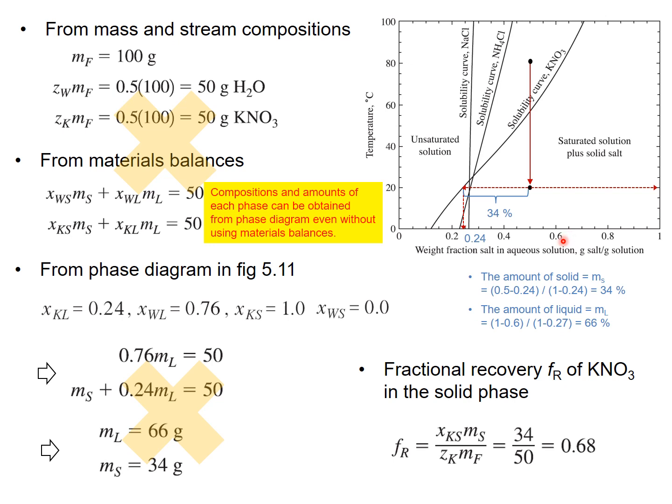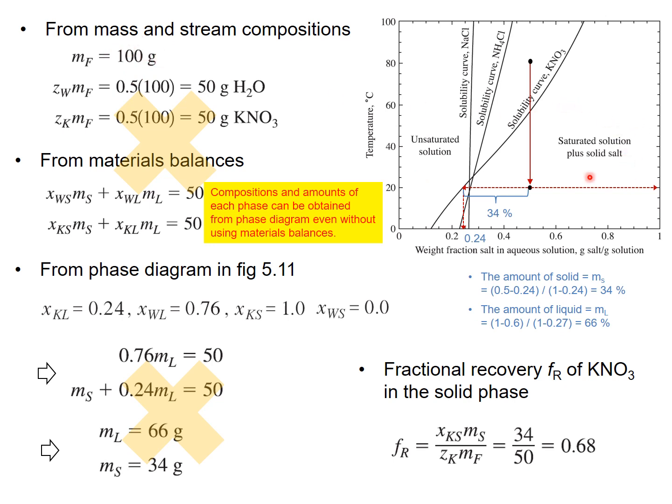And then let's go to the inverse lever rule. This length is responsible for the solid, and this length is responsible for the saturated solution. So this line occupies 34% of the total amount. It means 34% of 100 gram is going to the solid.